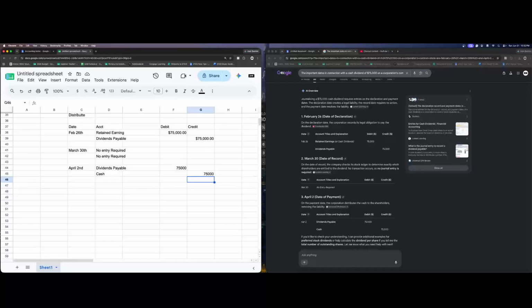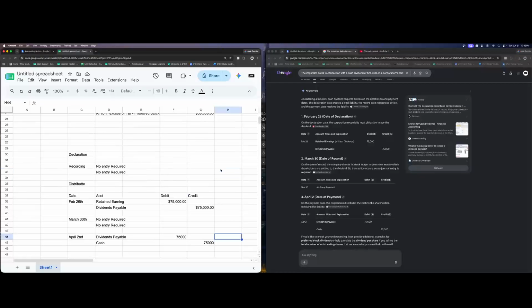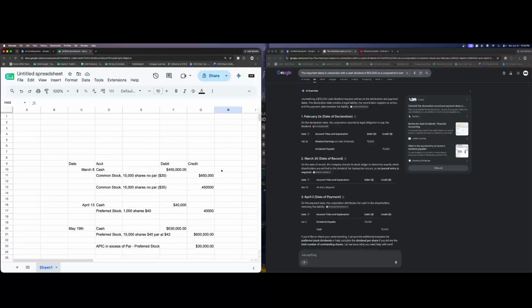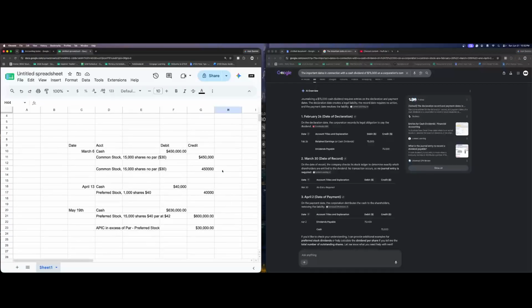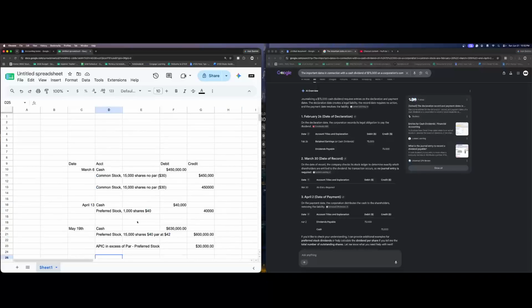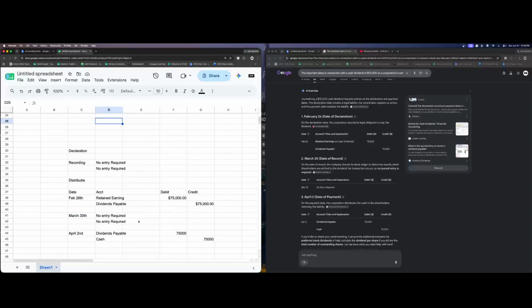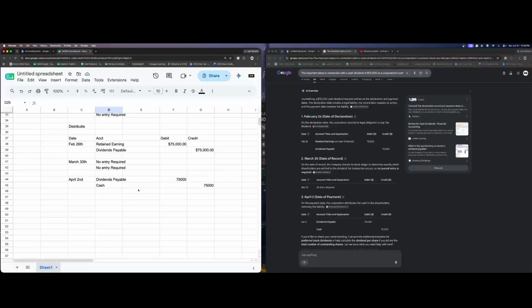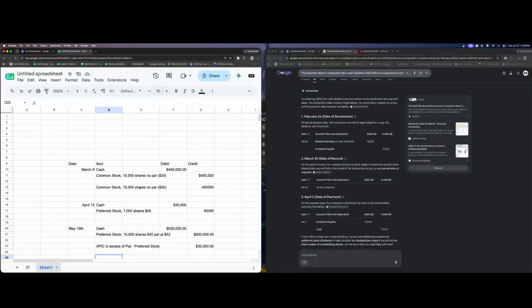You say cash, retained earnings or cash dividend. This is a really important thing. Not only the additional paid-in capital in excess of par journal entries, but also the dividends payable, the declaration, recording, and distribution of the dividend in the journal entry. Super important.